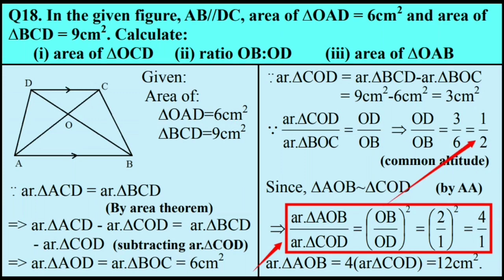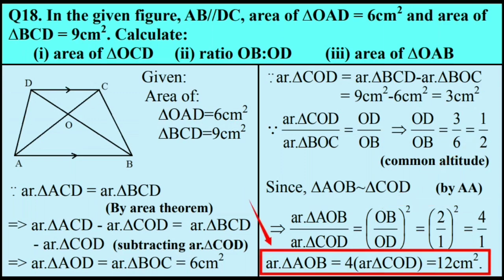Hence the result is 2 by 1 whole square, that is equal to 4 by 1. Hence area of triangle AOB equal to 4 times the area of triangle COD. The result is 12 cm square.